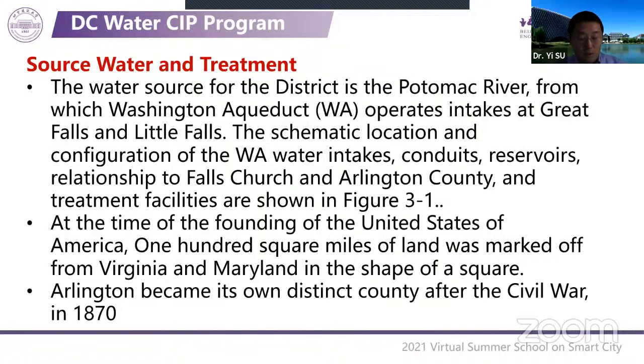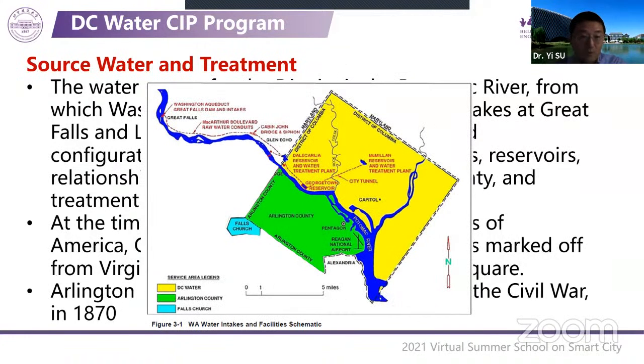So for this map, you can see the yellow area belongs to DC Water. The green one belongs to Arlington County, not included in the DC Water infrastructure. The water source of the district is the Potomac River, from which the Washington Aqueduct operates intakes at Great Falls, around this area.